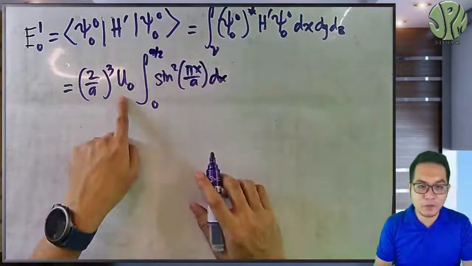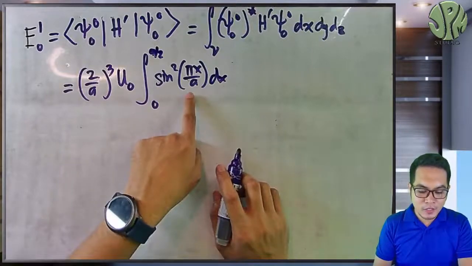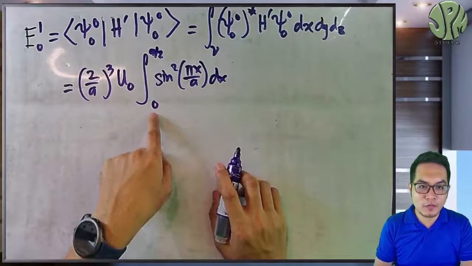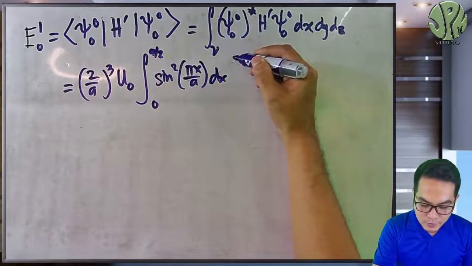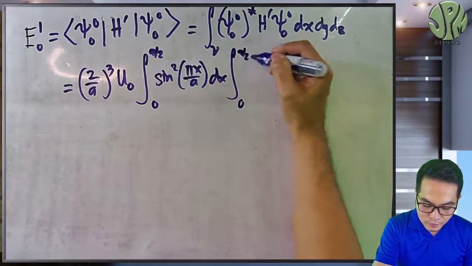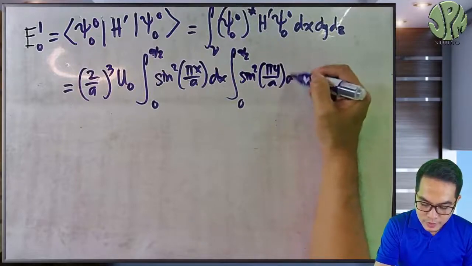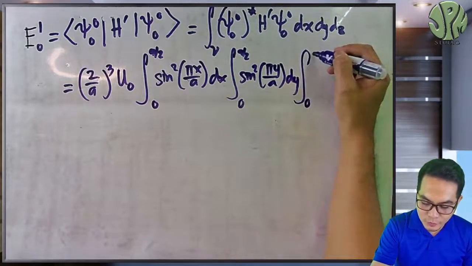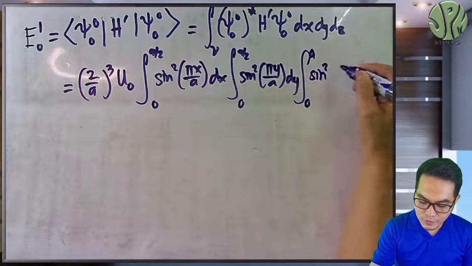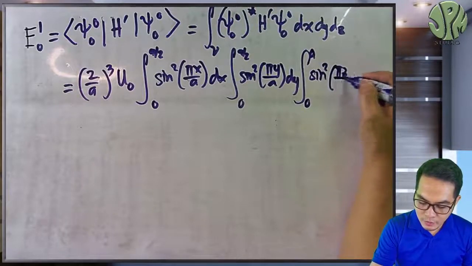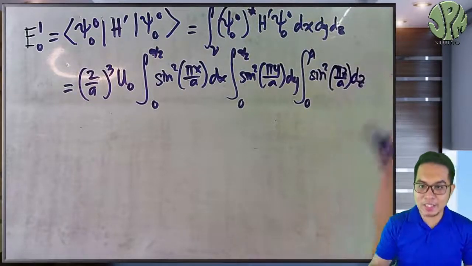Take note, our perturbation is only defined for x from 0 to a over 2. For y, it's also from 0 to a over 2: sine squared pi y over a dy. But for z, it's from 0 to a: sine squared pi z over a dz.